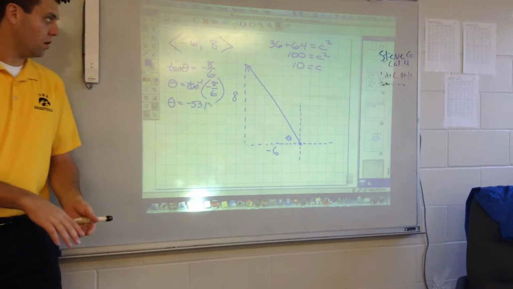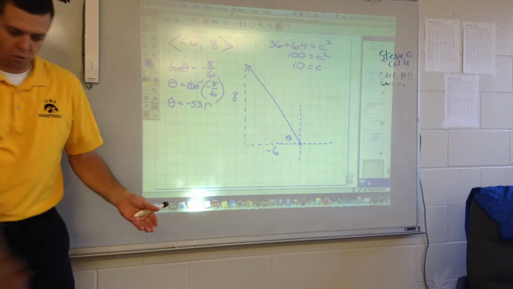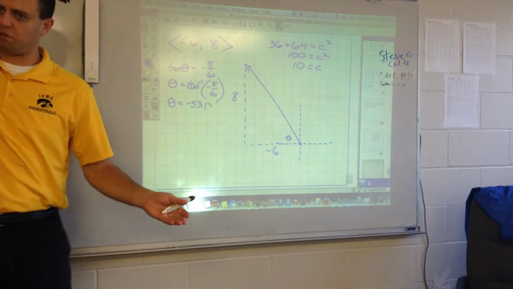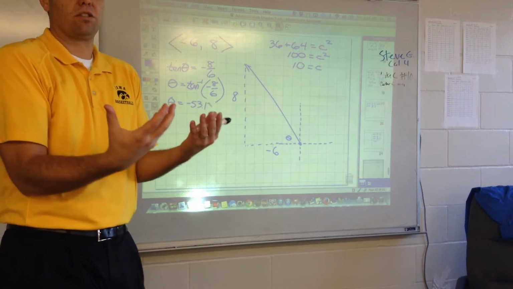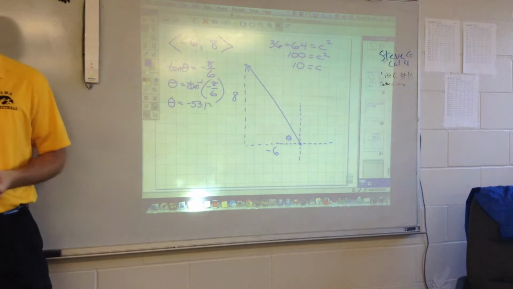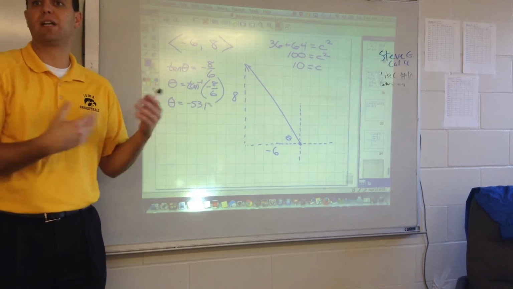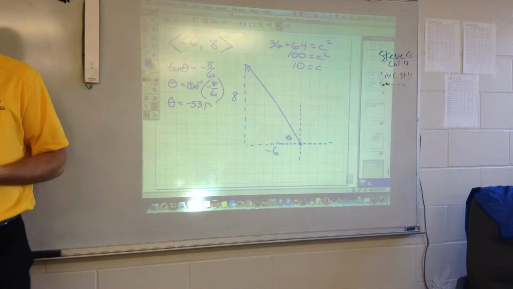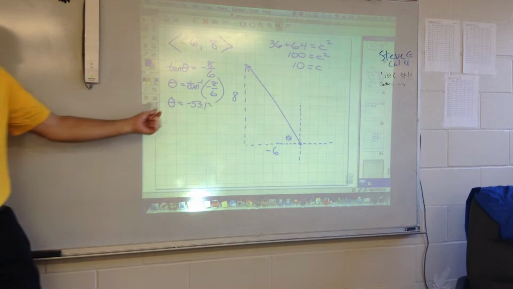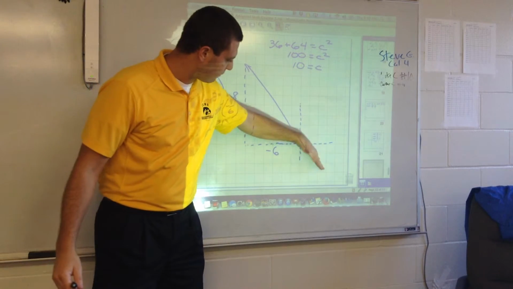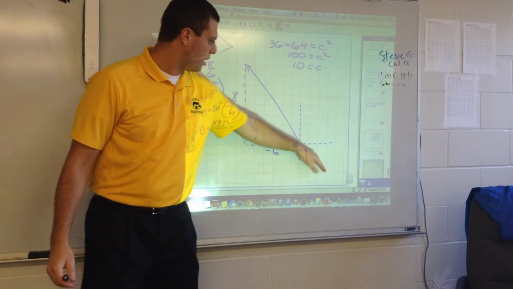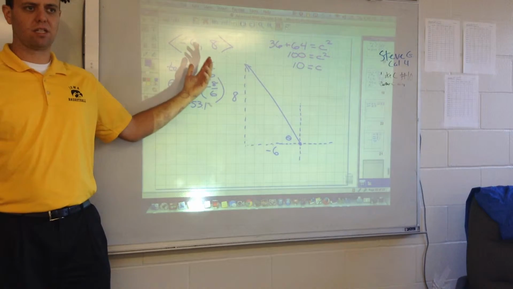Infinite. Whatever it is in quadrant 2, and then in quadrant 4, and then go around again, quadrant 2, quadrant 4, quadrant 2, quadrant 4. There are a ton of answers for this. The calculator just gives you the one that's either in quadrant 1 or 4, because then they figure you can figure out what the other ones would be. So the calculator is saying a negative 53.1 degrees has a tangent of negative 8/6.